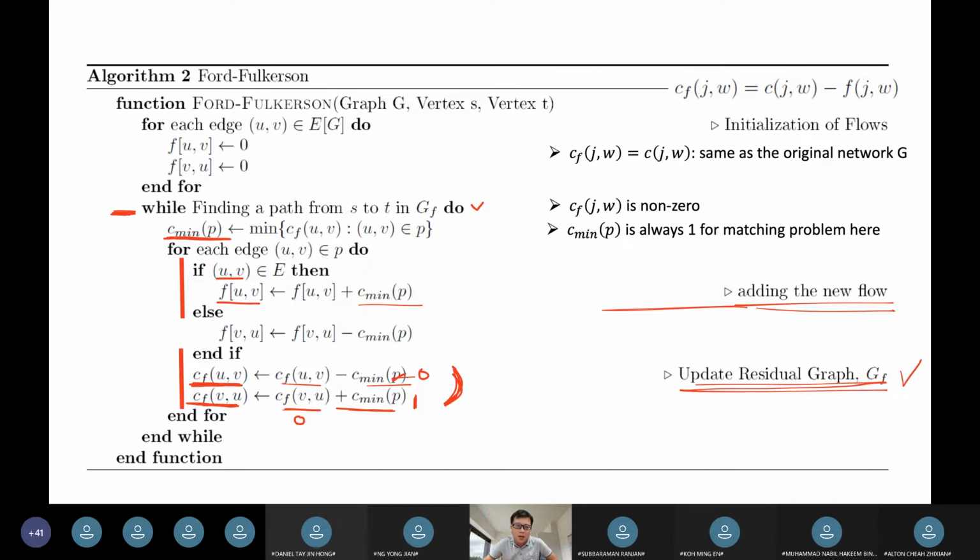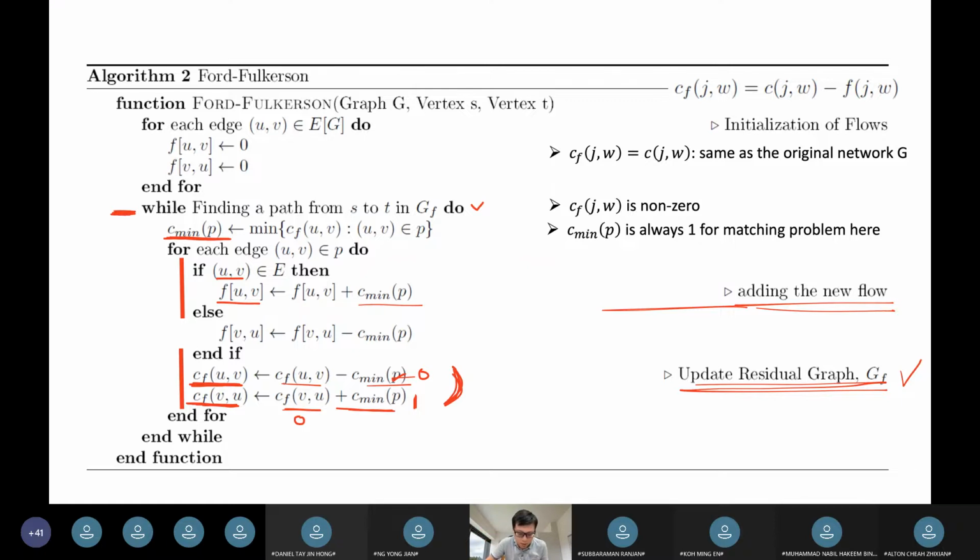For our methods, the capacity on each edge is one, so it returns one. But for the general network flow solution, for example, in the path you have some edges with capacity 3, 4, 6, 1, then you need to find the minimum one.